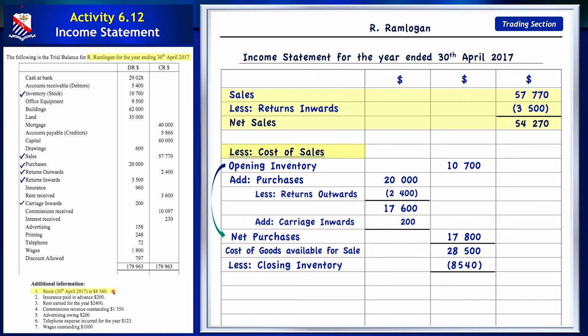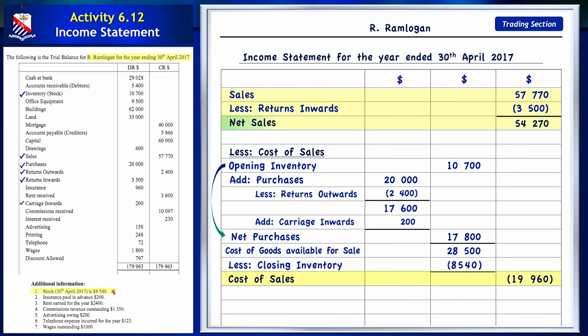And the amount you get is called your cost of sales, which will go into the last column. 28,500 less 8,540 gives you 19,960. And always remember to put your brackets, because remember you are lessing your cost of sales.